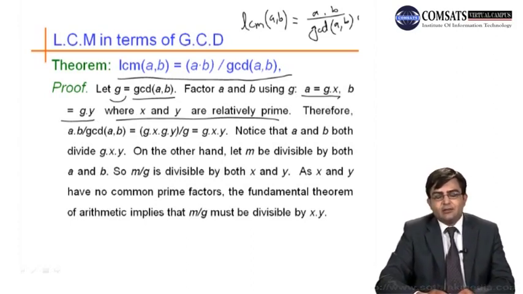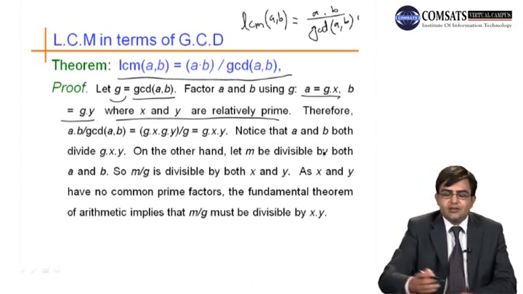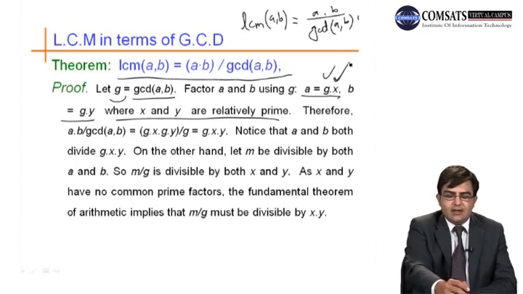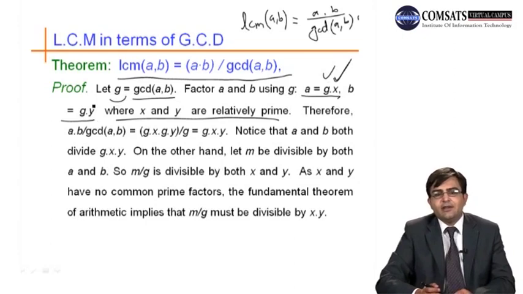If G is the greatest common divisor and G divides some number A, then the quotient, X and Y, must be relatively prime.